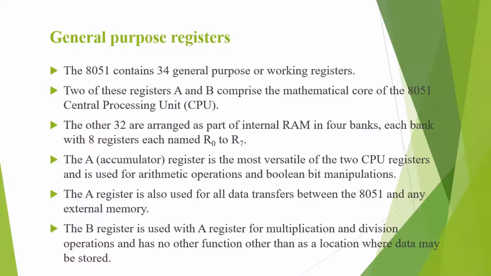The A register can also be used for data transfers between the 8051 and any external memory. Whereas the B register is used along with the A register for multiplication and division operations, but it doesn't have any other function apart from being a location where data may be stored.